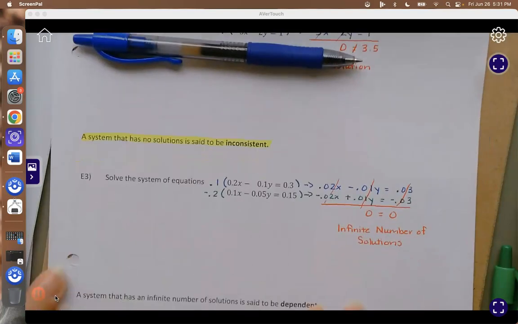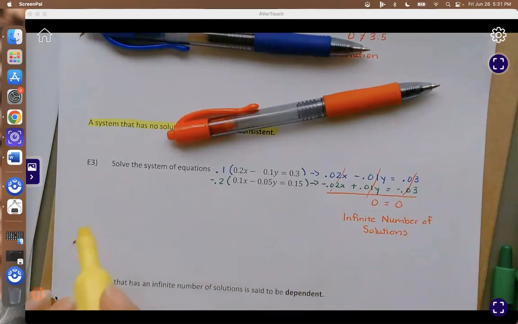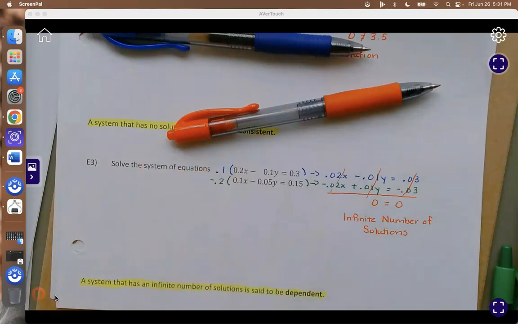Okay? And if it has an infinite number of solutions, then we say it's dependent because it's the same line. Okay? It's the same line. So they're like laying on top of each other. So if I were to get y by itself here, it would turn out to be the same equation.